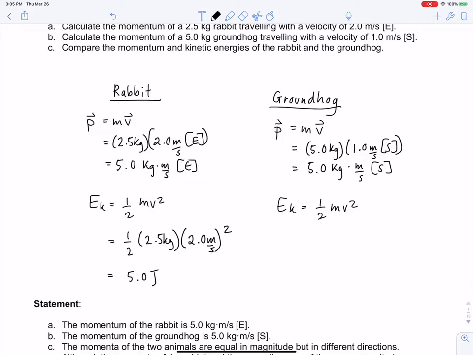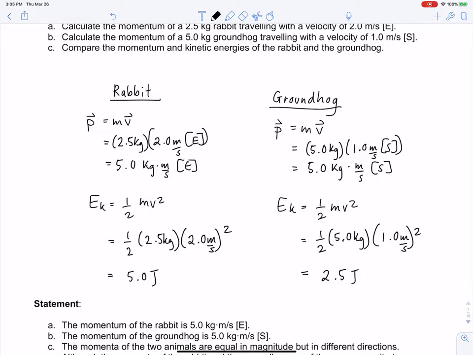Let's see how this compares to the kinetic energy of the groundhog. Punching this into our calculator, we see that we have 2.5 joules of kinetic energy for the groundhog. So even though their momentums were the same, they have different kinetic energies.